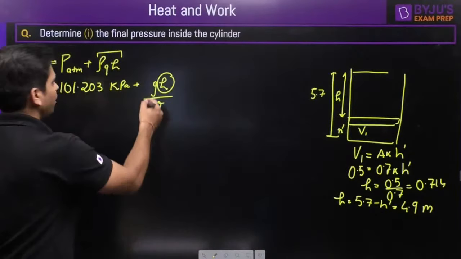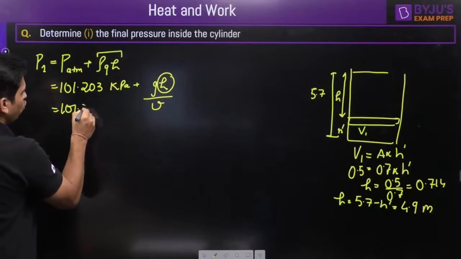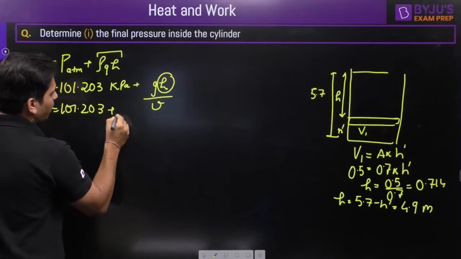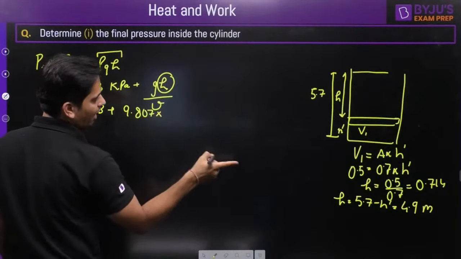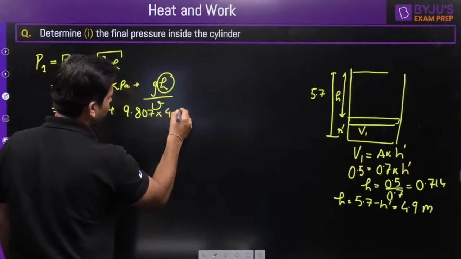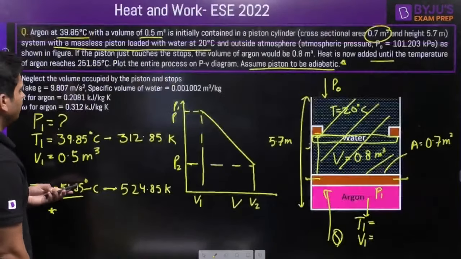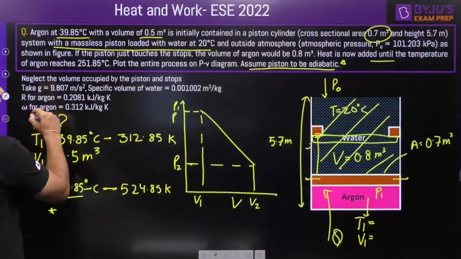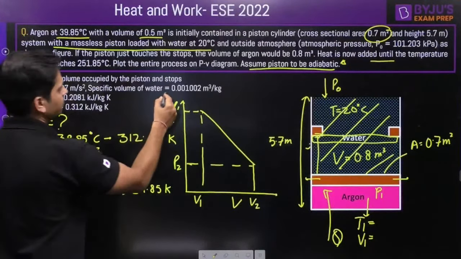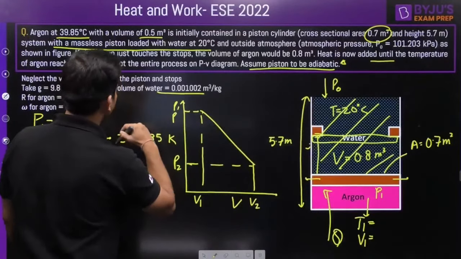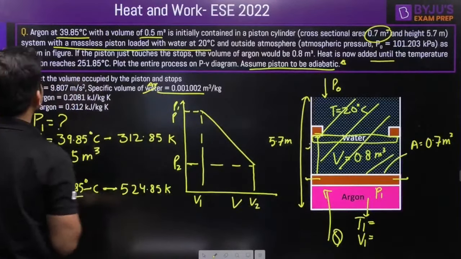You put it here. It is 101.203 plus 9.807 into the height we have found, 4.9, and the specific volume is also given. This is the specific volume of water.